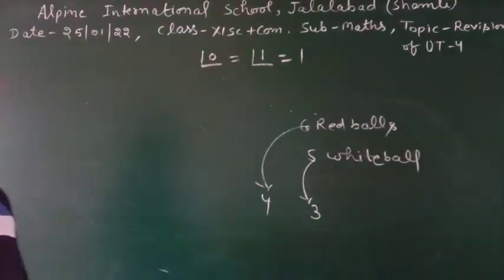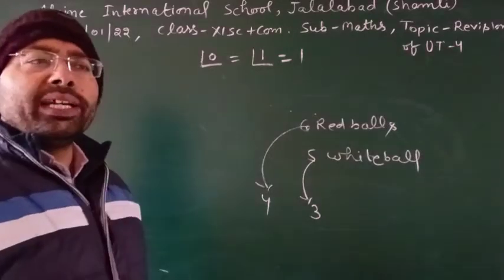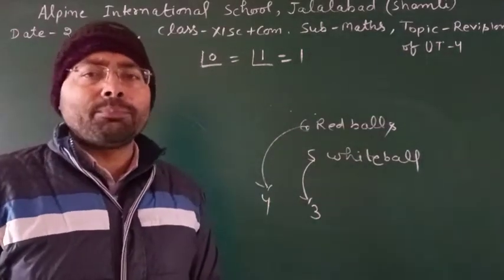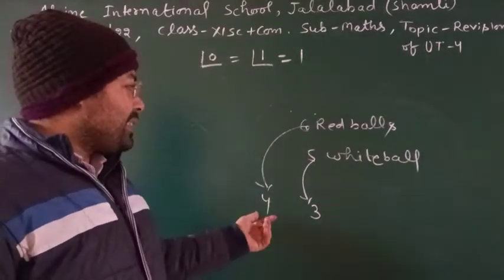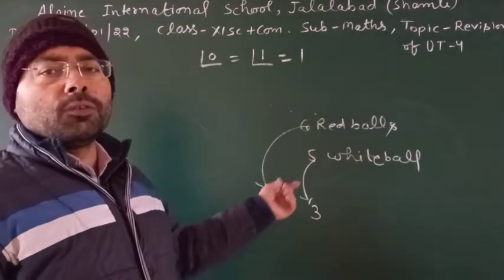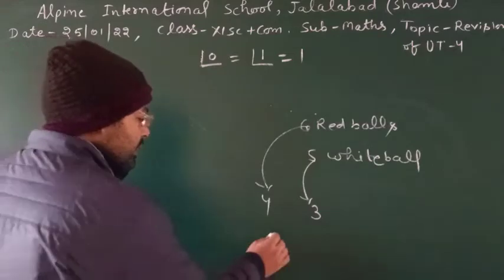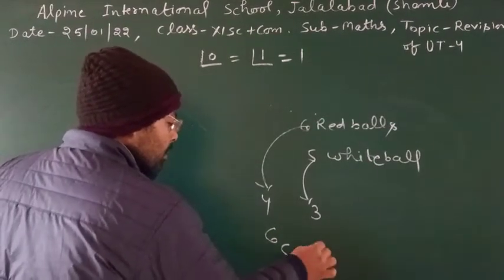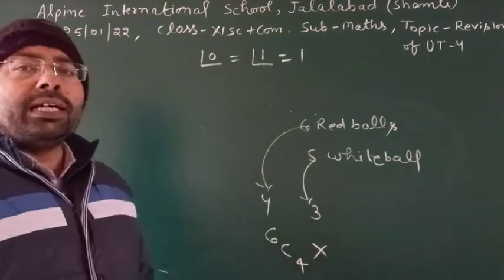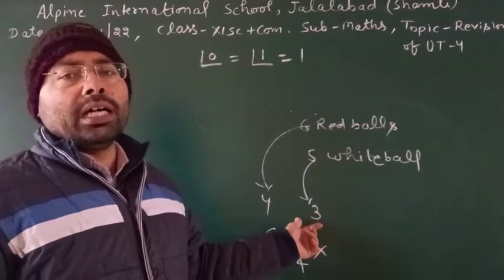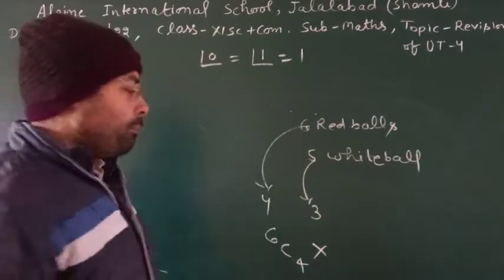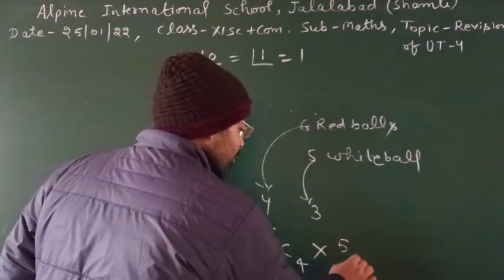Remember this. So these are two independent selection procedures, meaning the selection of 4 red balls out of 6, which will be selected from 6C4, multiplied by selecting 3 white balls out of 5 white balls by 5C3.